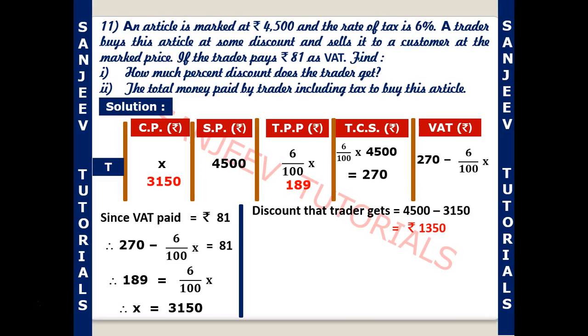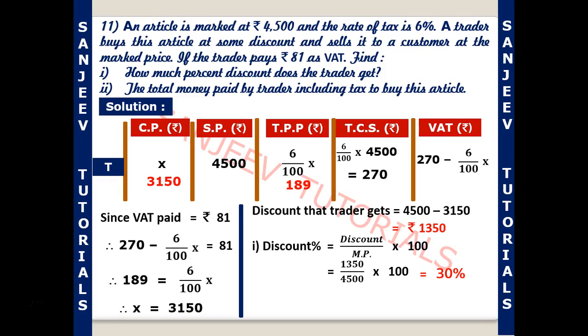This is the discount the trader gets on the article, but I need to find the percentage discount. Discount percentage is given by this formula, discount upon mark price into 100. When you simplify this, we get 30%. So the trader is getting a discount of 30% on the mark price.